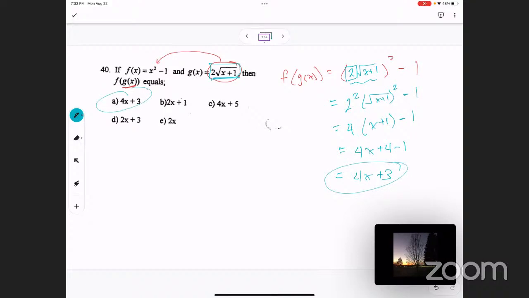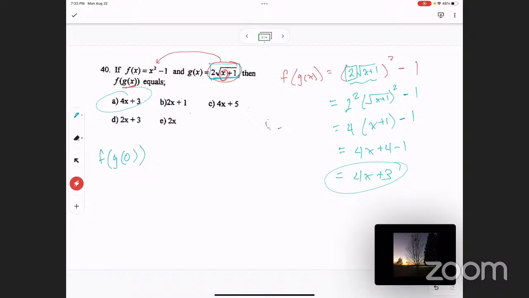Now, another way you could have done that, if you wanted to do the cheater way of doing it, which again, there's nothing necessarily wrong with doing. It's not cheating because it's multiple choice, but you could have just plugged in values. Like you could plug in 0 into G of X first, and then plug it into F of X. See what I'm saying?